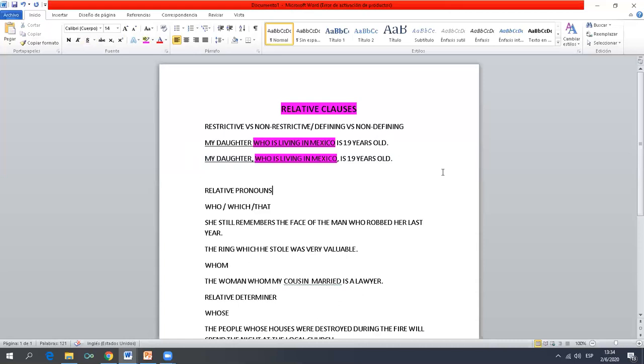This explanation is related to the difference in meaning. You see that in writing you will find commas in the case of non-defining relative clauses, and in speech, pauses, a very peculiar intonation when producing a non-restrictive relative clause.